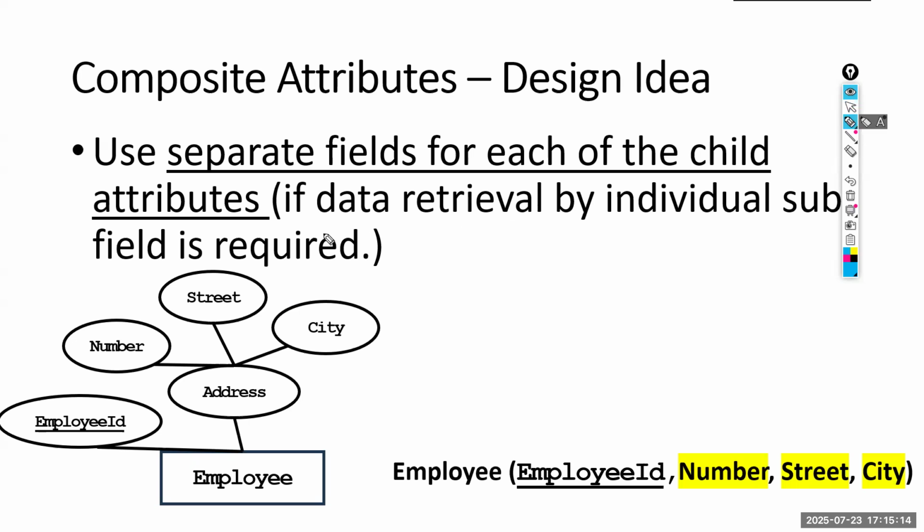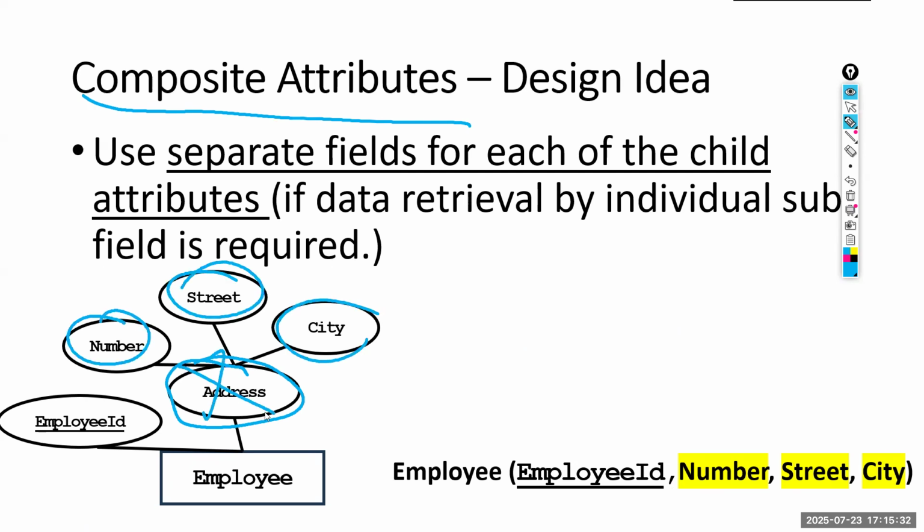If you have a composite attribute in your table or relation, make sure you have the sub-attributes as the fields. You are not going to have a field for the composite attribute, rather you are going to have separate fields. Say there's nothing called address, but you have number, street, and city. Because when you keep number, street, and city separately, you have effectively kept your address.